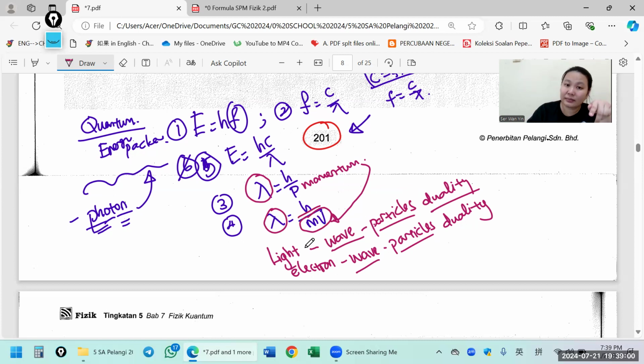Particles have mass, but waves don't have mass. So under de Broglie. When I memorize their names, I use Bahasa, I break it into syllables. So actually it's de Broglie.